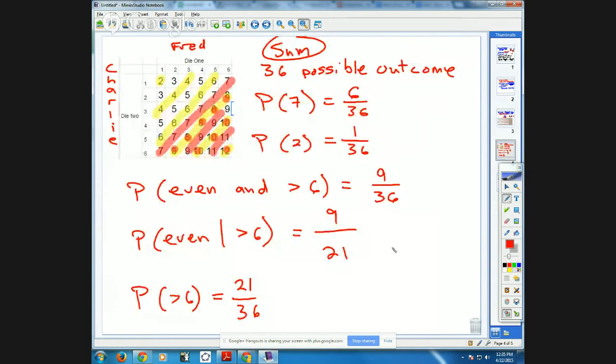So what should be true then is that the probability of even given greater than 6 times the probability of greater than 6 should be equal to the and thing up there. So double check that. If I take 9 over 21 times 21 over 36, the 21s cancel, giving me 9/36, which is the and.